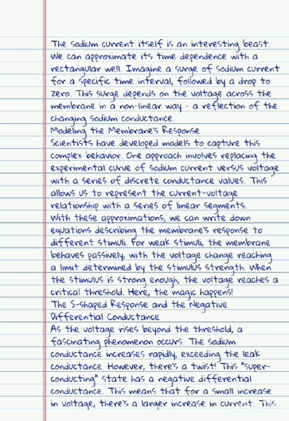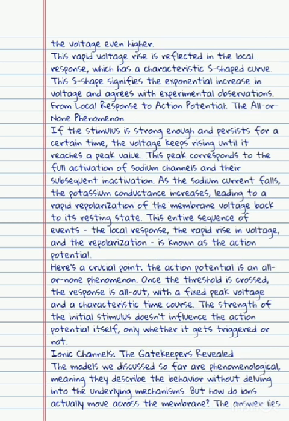That means that for a small increase in voltage, there is a large increase in current, driving the voltage even higher. This rapid voltage rise is reflected in the local response, which has the characteristic S-shaped curve. This S-shape signifies the exponential increase in voltage and agrees with experimental observations.